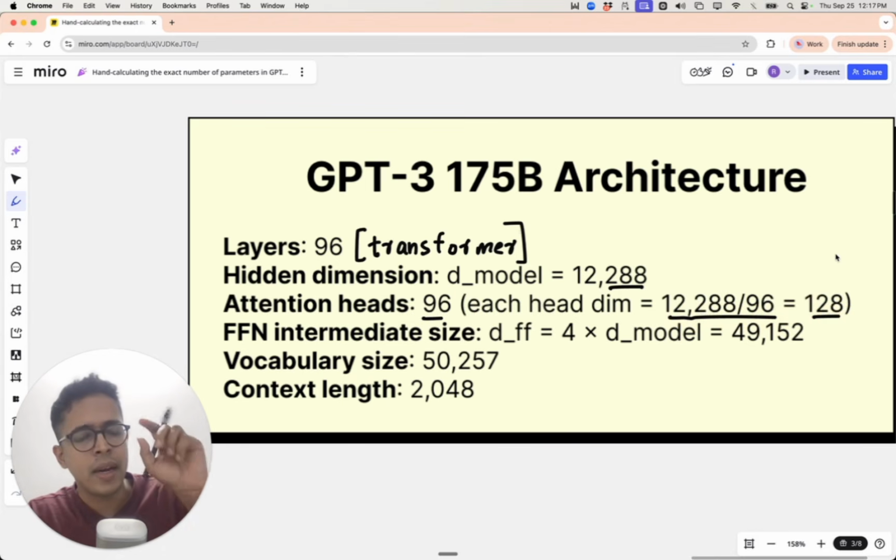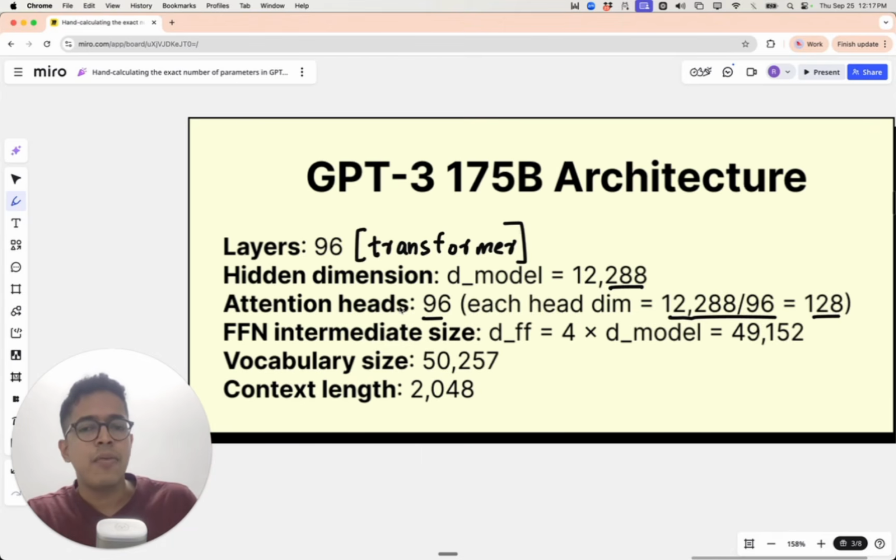So the tokens are represented not in a 12,288 dimensional space inside the individual attention heads, but rather in a 128 dimensional space. And then they are concatenated back to create the 12,288 dimensional token.